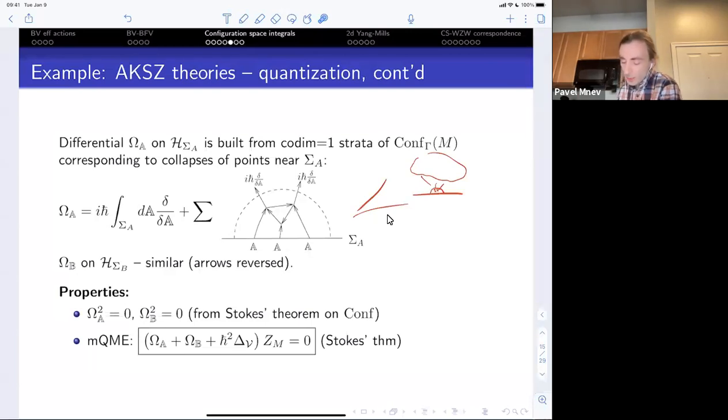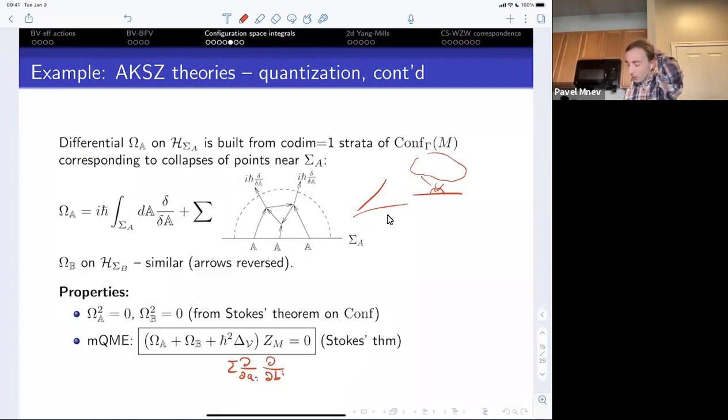And by a similar technique, one proves the quantum master equation modified by the boundary term. That is, the partition function given by bulk Feynman diagrams is annihilated by the sum of these two differentials on the A side and the B side, and this Laplacian, which is essentially the sum of d over dA, I don't know, I d over dB, I.